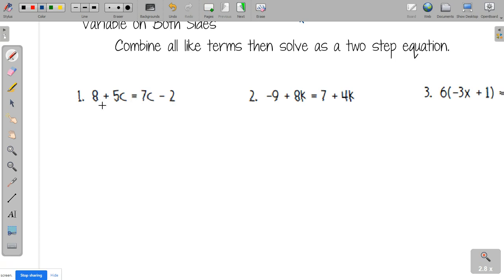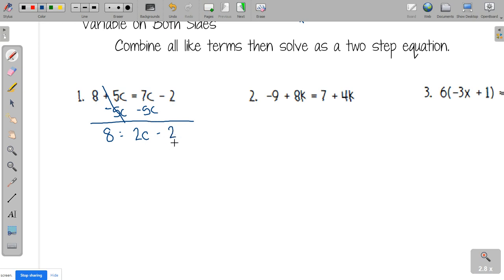Since 7 is larger, I'm going to move this 5c to the right. We're going to subtract 5c. Cancels out. It leaves us with 8 equaling 7 minus 5 is 2, but it's 2c minus 2.